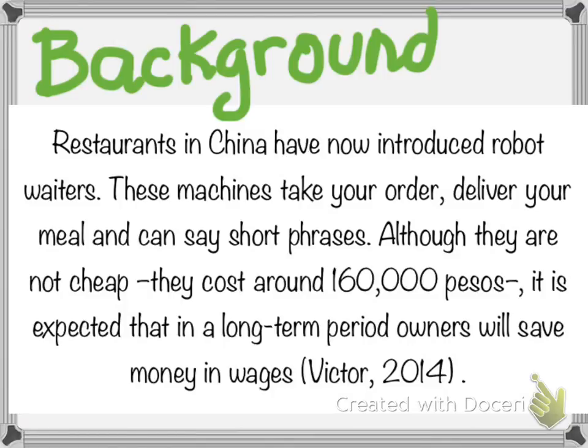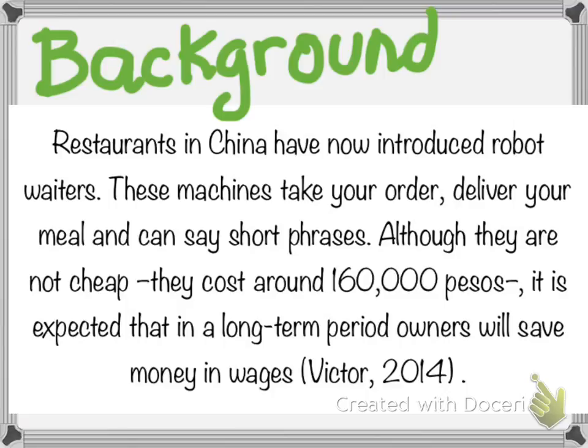These machines take your order, deliver your meal, and can say short phrases. Although they are not cheap, they cost around 160,000 pesos, it is expected that in a long-term period, owners will save money in wages.